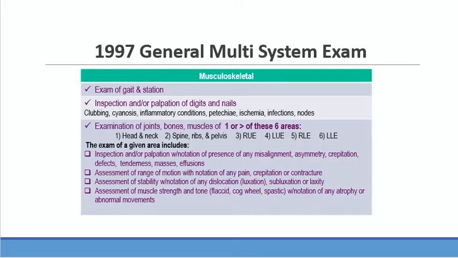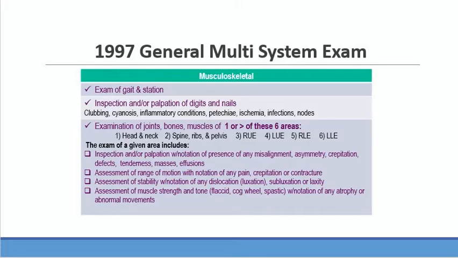And lastly, the musculoskeletal system has bullets for gait and station, inspection of the digits and nails, and then exam of joints, bones, and muscles, which lists 6 areas that may be examined. Those 6 areas are the head and neck, spine, ribs, and pelvis, the right upper extremity, the left upper extremity, right lower extremity, and the left lower extremity.